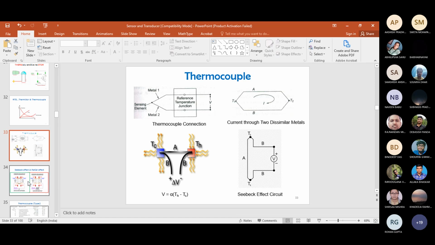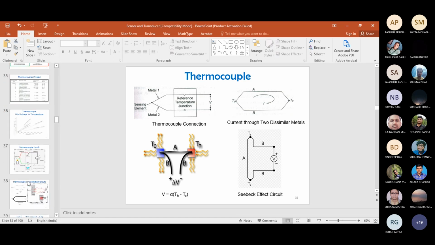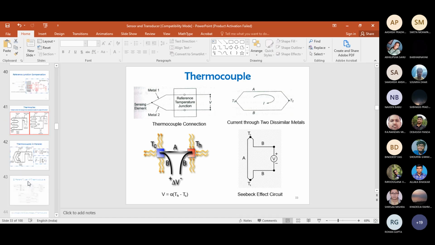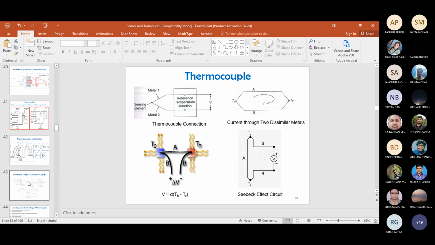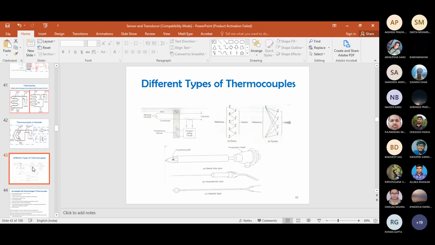Throughout this chapter, two things are most important: the basic phenomena of the transducers. In the practical world, a lot of transducers are available, so studying each and every transducer is not possible.